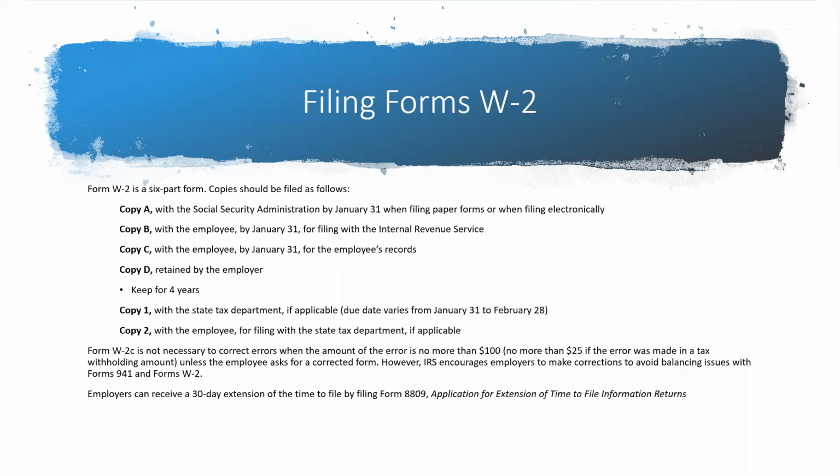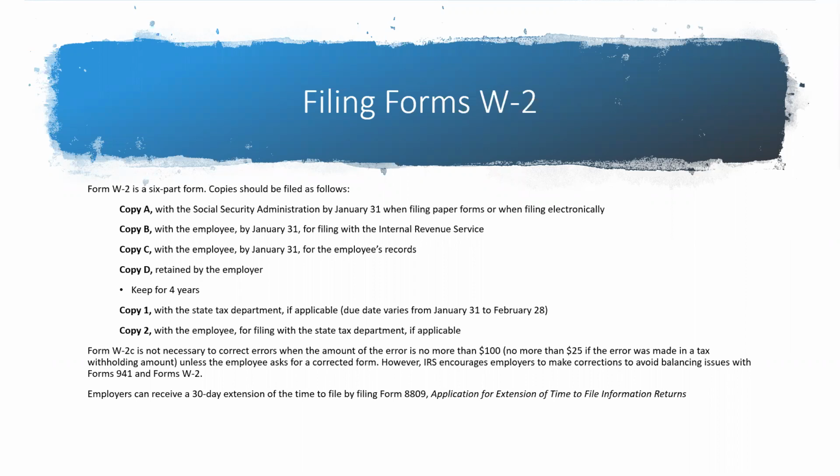Copy B is for the employee, and it should be given to the employee by January 31st. That copy is for them to file with the IRS when they do their personal income tax return. Copy C is again for the employee, should be given to them by January 31st, and that one's for the employee to keep for their records.